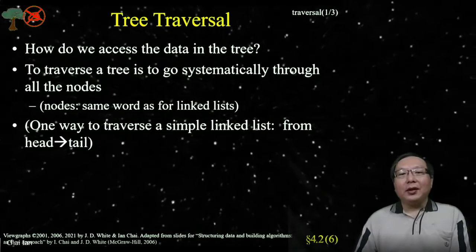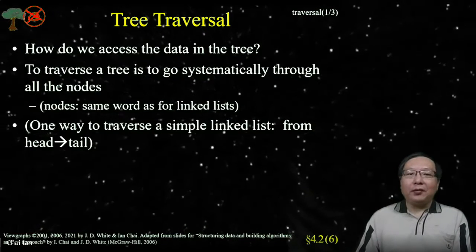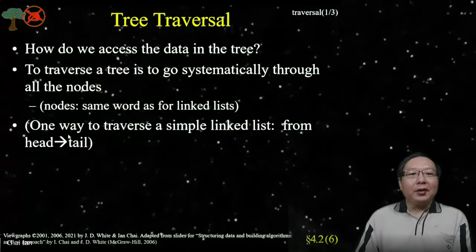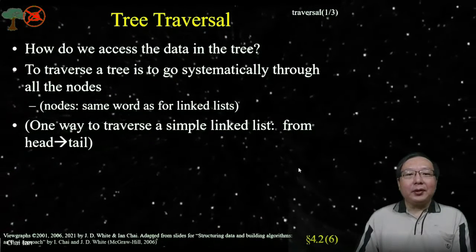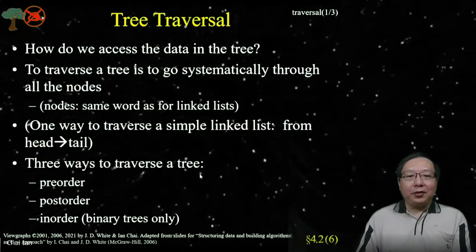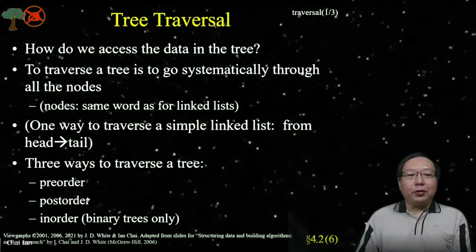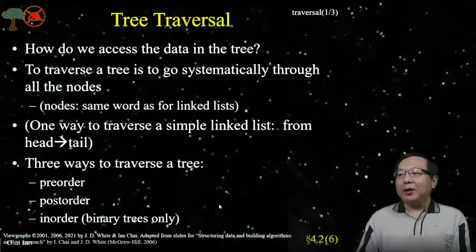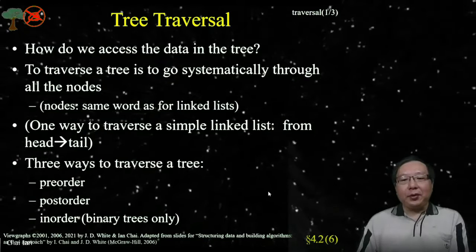A tree node looks very similar to that. In fact, a tree node looks exactly like that if it's a binary tree. So there is one way to traverse a simple linked list from head to tail, but 3 ways to traverse a tree. We've got what we call pre-order and post-order, and then there's in-order, but in-order only makes sense for binary trees, and we'll show you why later.